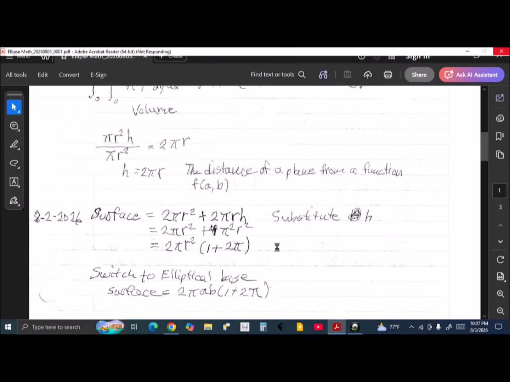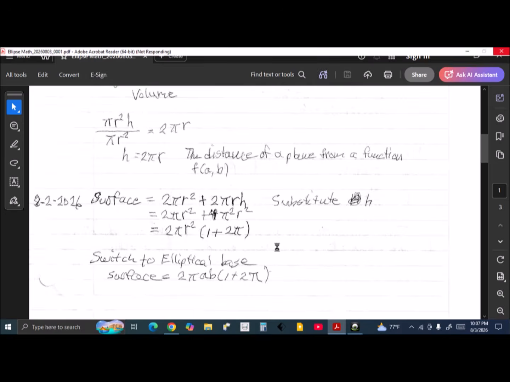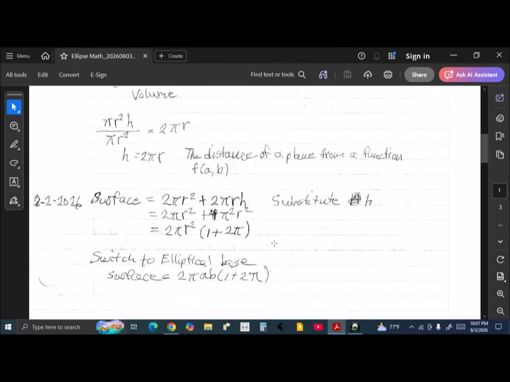Now, since I chose to make the cylinder have the perimeter and the height of equal magnitude, I could substitute for h in that formula another 2 pi r, and so the second term would become 4 pi squared r squared.